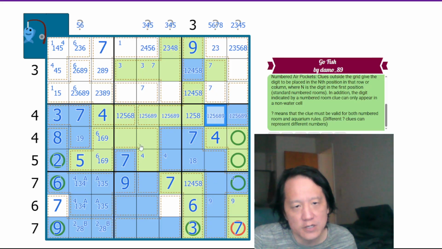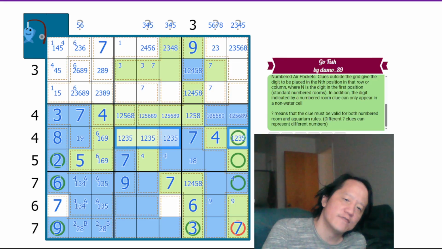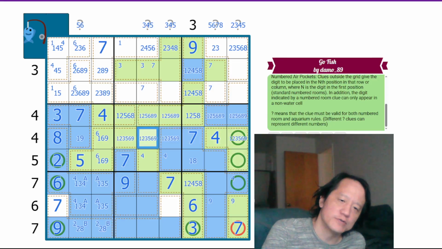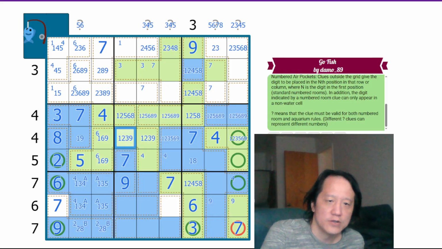Remaining digits of row 5. We have 1, 2, 3, 5, 6, and 9. There's no 6 or 5 in this cage. No 9 here because of 9 in the column.